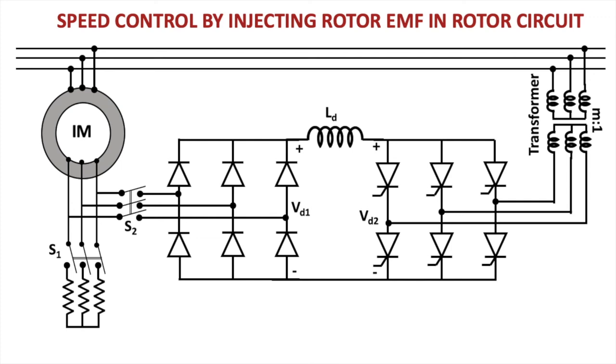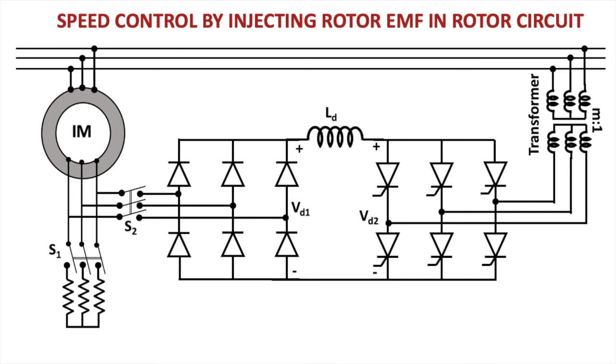When S2 is closed, the rotor current will be flowing through the circuitry, and it is first being rectified, then it is being inverted, that is three-phase inversion takes place, and it is a controlled inversion. Because you see the thyristor, while the three-phase diode rectifier is an uncontrolled rectifier.